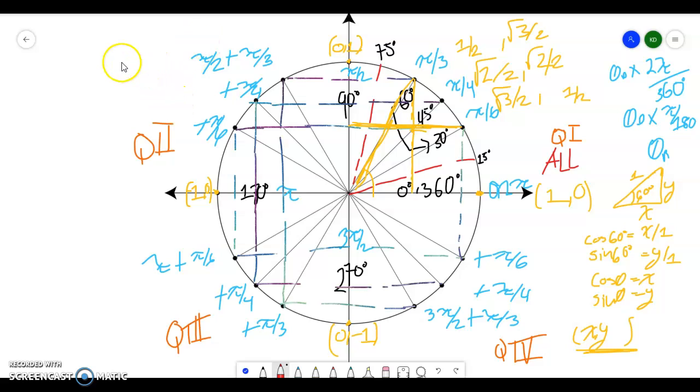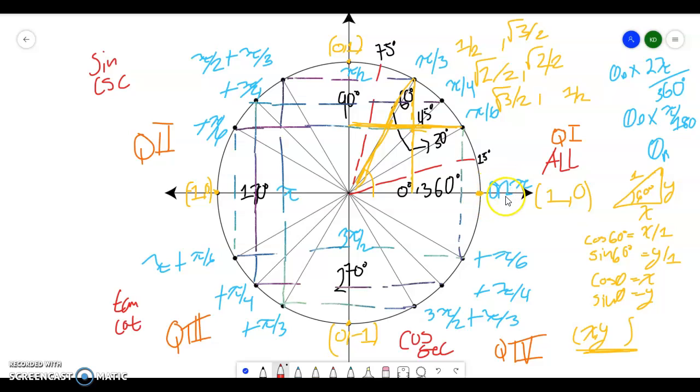So here, sine and cosecant are positive. And here, tangent and cotangent are positive. And here, cosine and secant are.